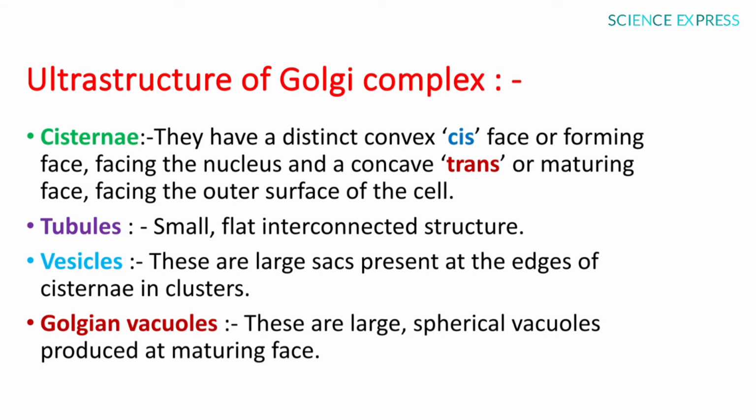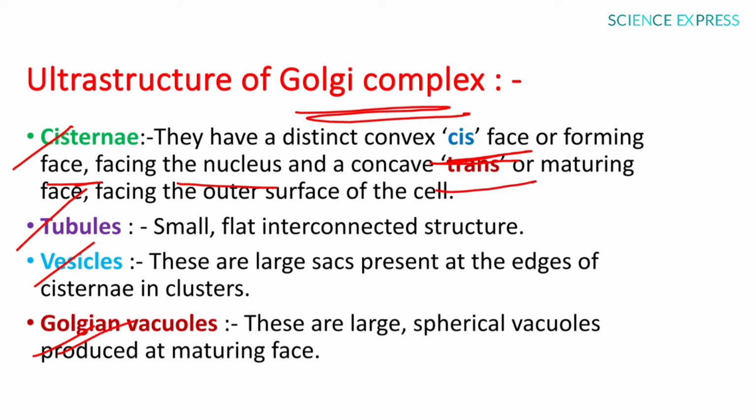Discuss the ultrastructure of the Golgi complex. It is mainly four parts: cisternae, tubules, vesicles and Golgian vesicles, or Golgian vacuoles. Cisternae have a distinct convex cis face, or forming face, facing the nucleus, and another one is concave, called the trans face or maturing face, facing the outer surface of the cell.